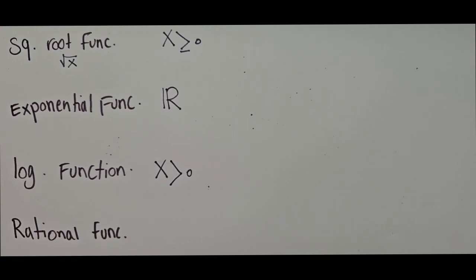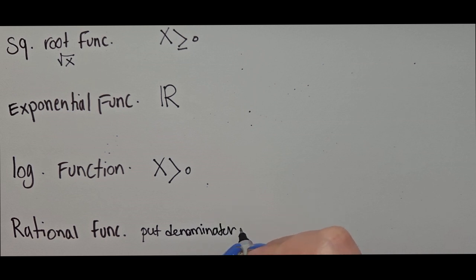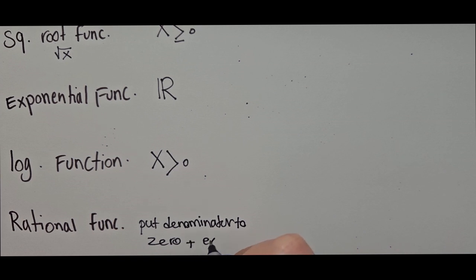The last one is the rational function. If you remember these functions, they are in the form of a fraction, and each part could be a polynomial. Here, to find the domain, you have to set the denominator to 0 and exclude these values.